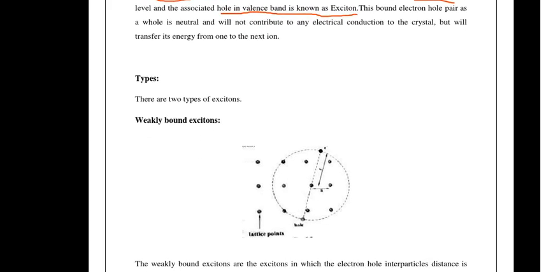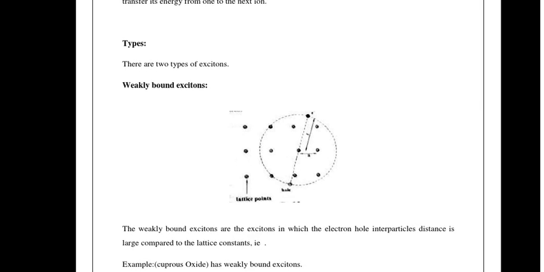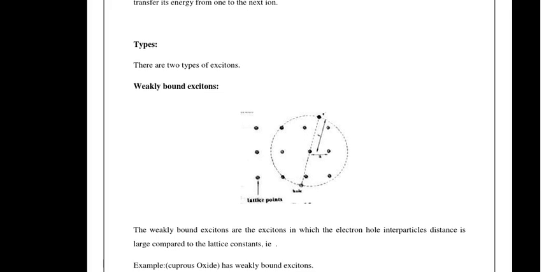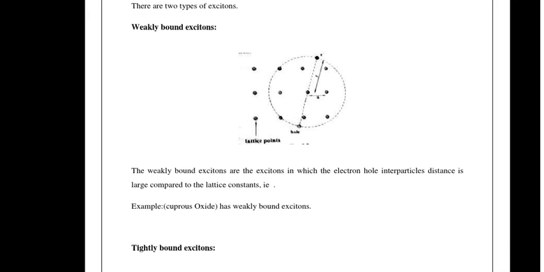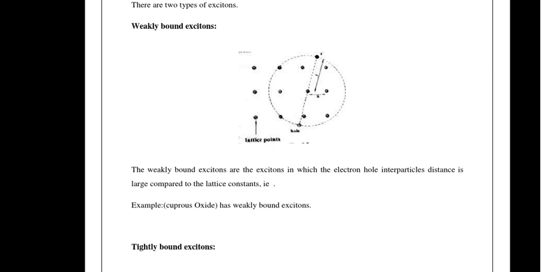There are two different types of excitons. One is the weakly bound exciton and the other is the tightly bound exciton. In weakly bound excitons, the electron and hole interparticle distance is large compared to the lattice constant.